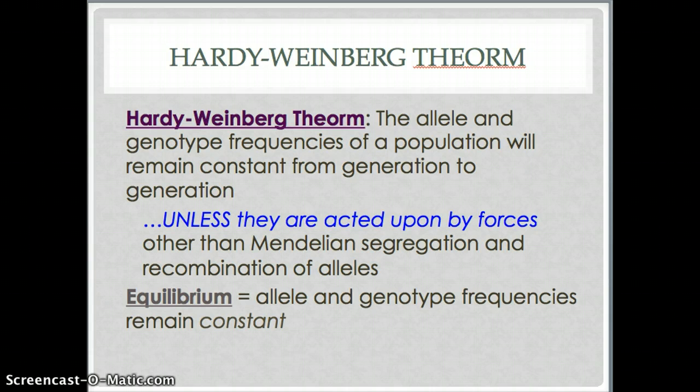So in order for the allele and genotype frequencies to be constant within a population, the population has to reach equilibrium. Equilibrium is the key word that tells us the allele and genotype frequencies will be constant.